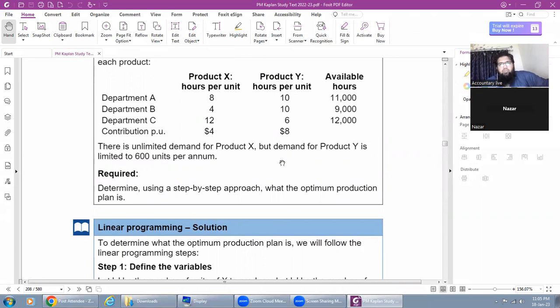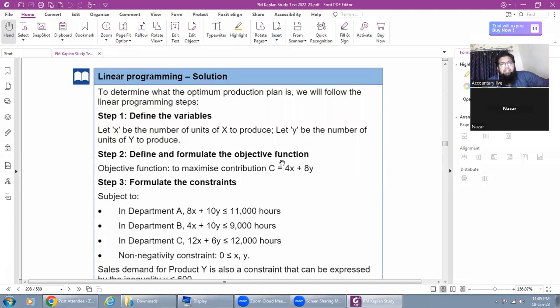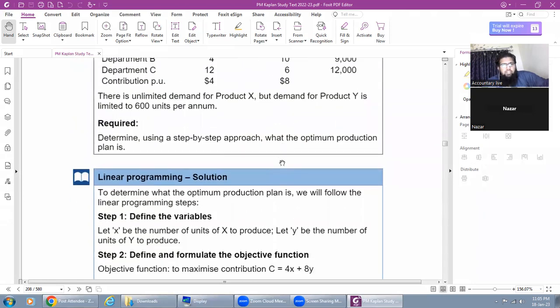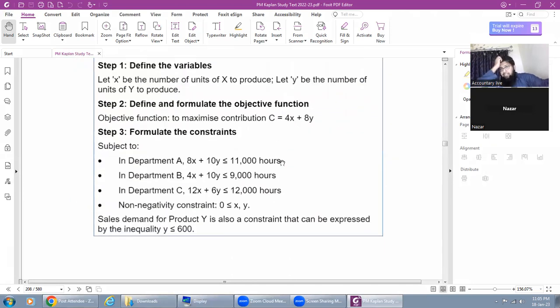We cannot use more than 11,000 hours. In department B, 4x plus 10y less than or equal to 9,000. In department C, 12x plus 6y less than or equal to 12,000. We have formulated the available hours limiting factors.